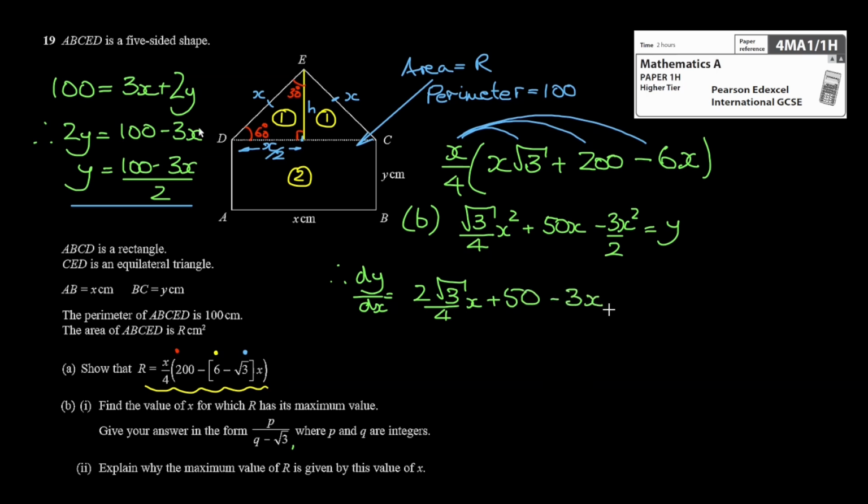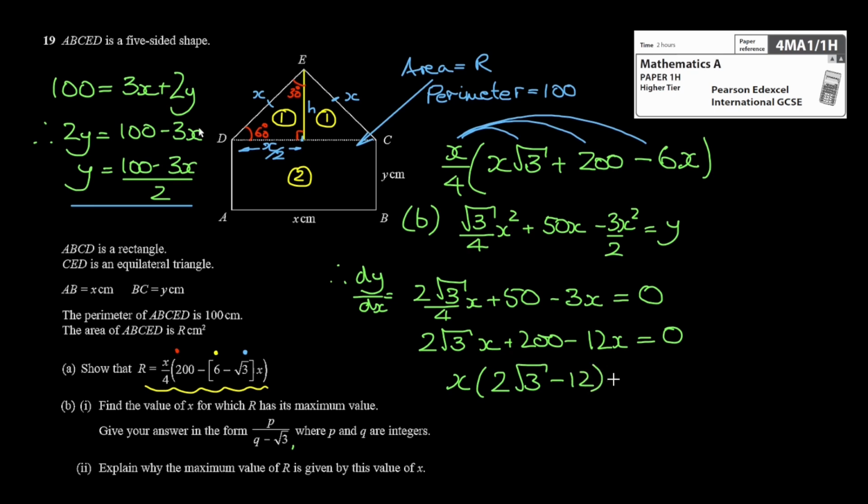So to find the value of x at the turning point, we need to set this expression to 0. I'm going to multiply through by 4, so I get 2 root 3 x plus 200 minus 12x is equal to 0. So pulling a common factor of x out of our two terms, I get 2 root 3 minus 12 times x is equal to negative 200.